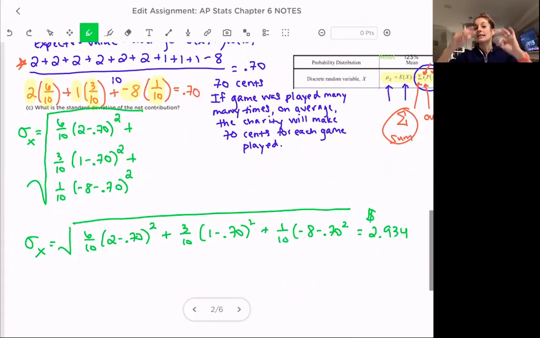Okay. Let's interpret in context what that means, and then let's relate it back to the formula that you're given on the exam. So in context, we found the standard deviation, but we have to put some language around it. Why do we care? What does it mean in the context of the problem?